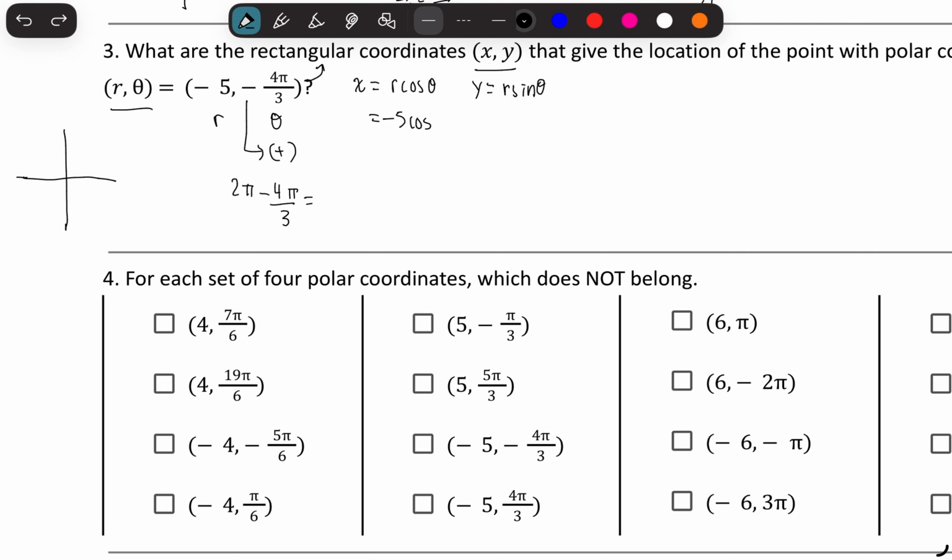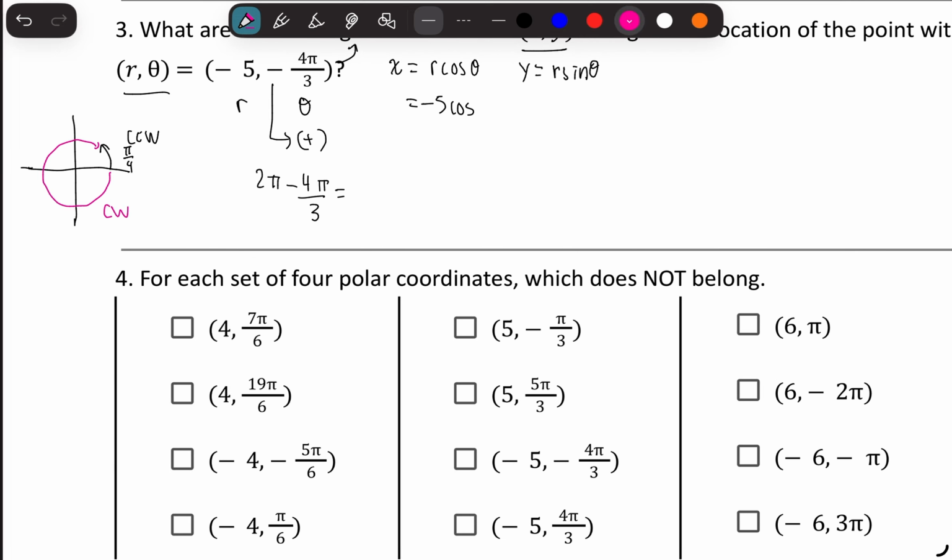So let's say you have an angle that is pi over 4, and then you have an angle that is measured from the positive x-axis but goes clockwise, and normally we go counterclockwise when we're measuring angles.